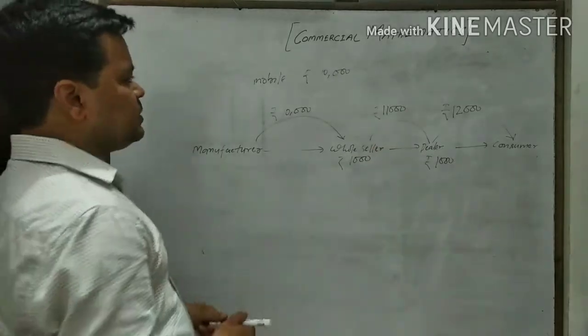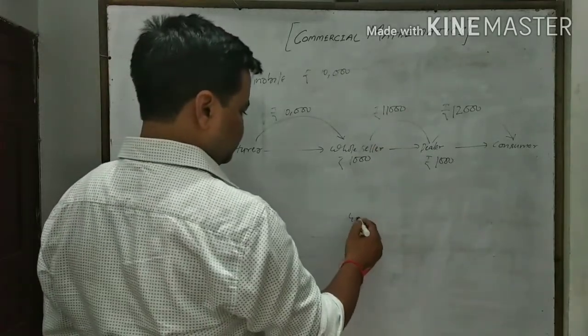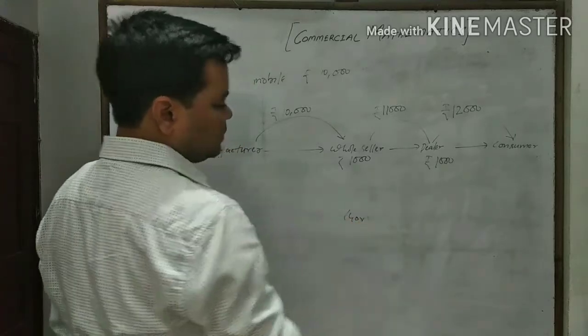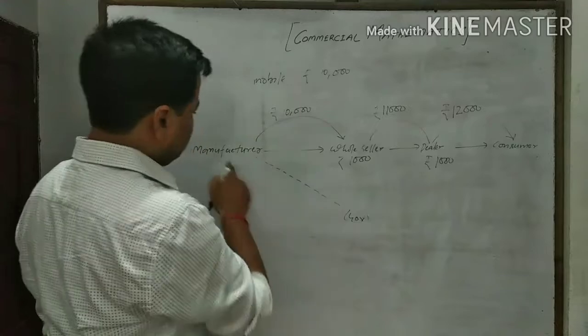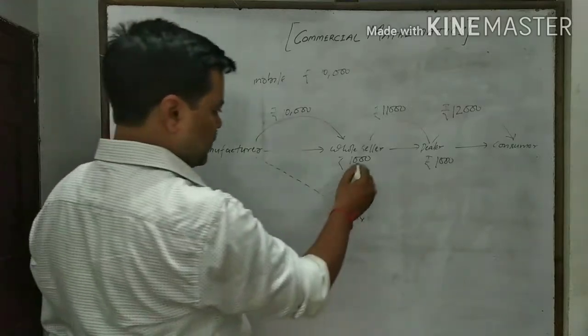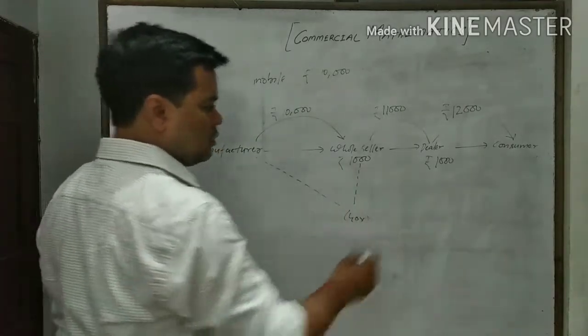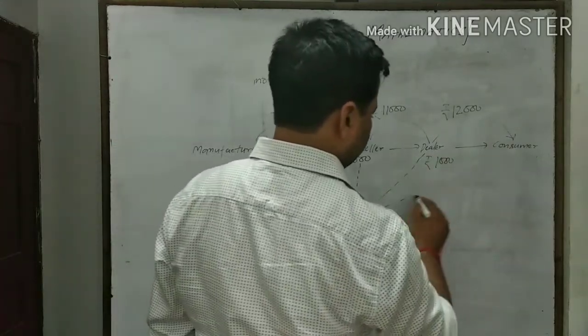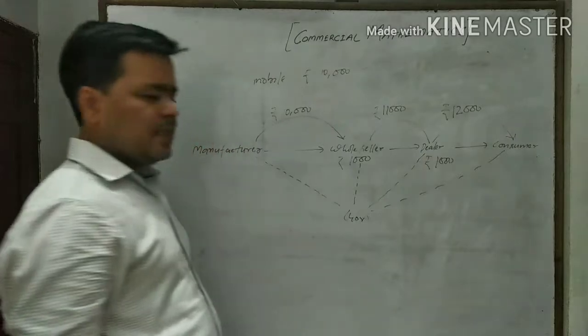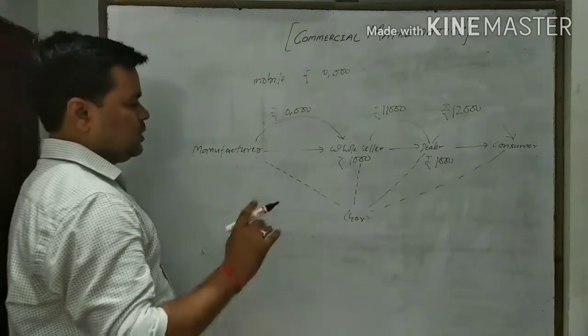It means the tax will be collected by the manufacturing company, by the wholesaler, by the dealer, and finally by the consumer.